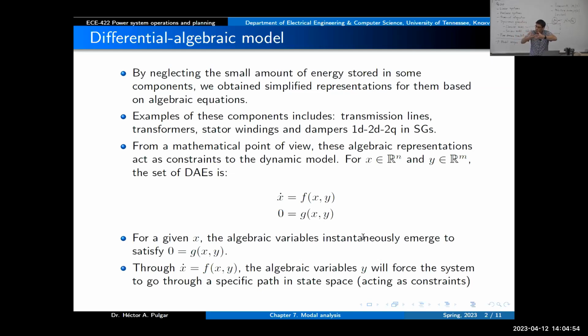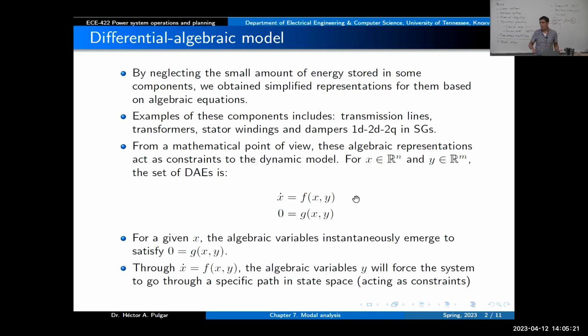And then we proposed, what if the system moved very close to the equilibrium point, and then the linear model is an approximated representation of the system? If that is the case, then we calculated the eigenvalues of the linear model, right? So we did that. But when we applied that, we didn't consider any algebraic equation whatsoever. So now our model is like this one.